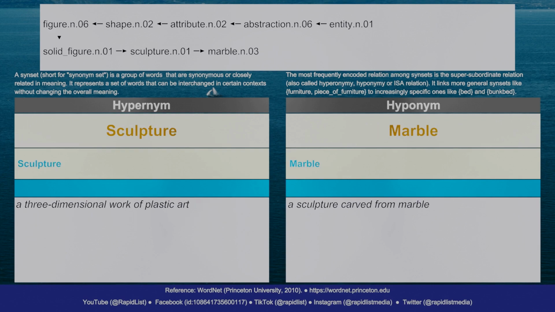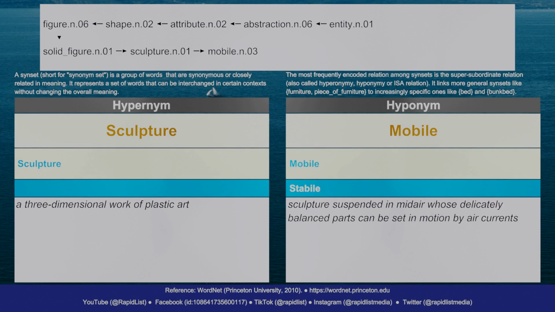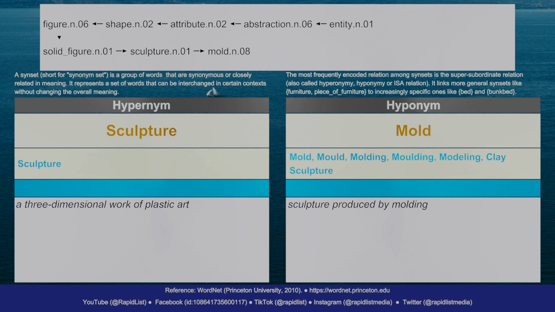Marble. A sculpture carved from marble. Mobile. Sculpture suspended in mid-air whose delicately balanced parts can be set in motion by air currents. Mold. Sculpture produced by molding.